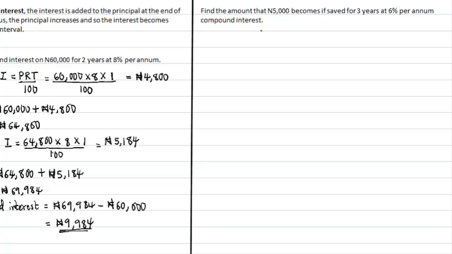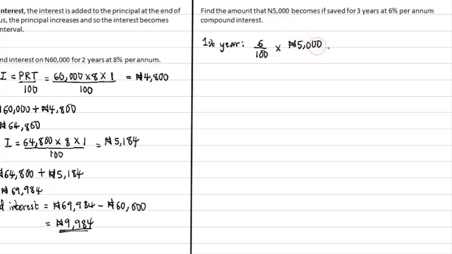So for the first year, we started with this amount as the principal, and the problem said 6% per annum, each year 6%. So we multiply 6 over 100 times 5,000.